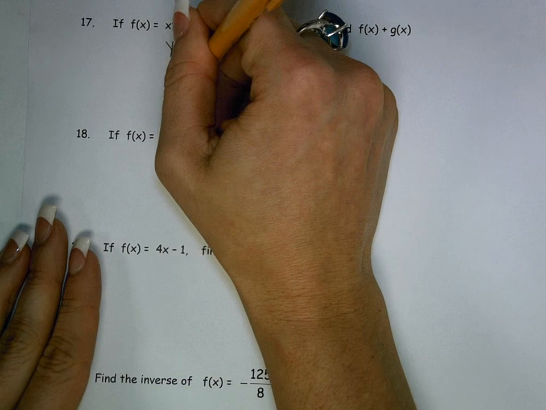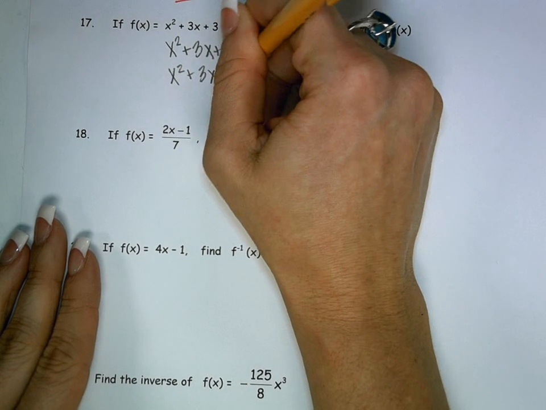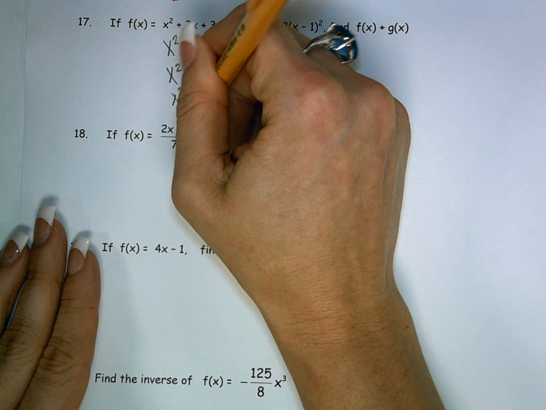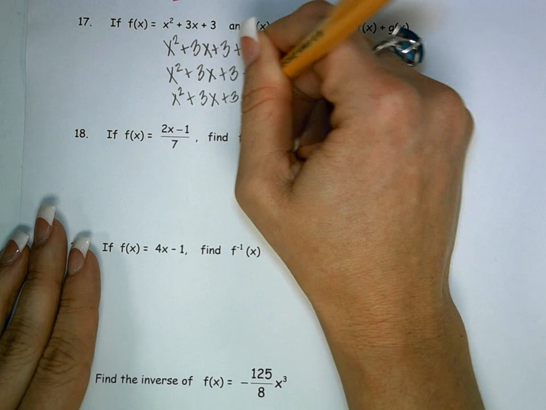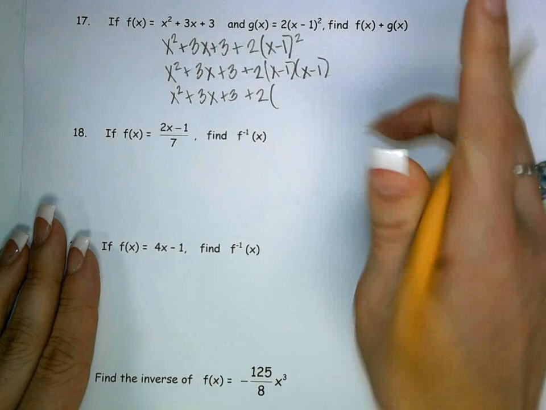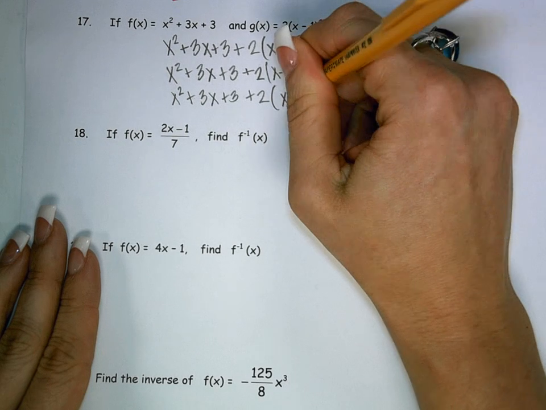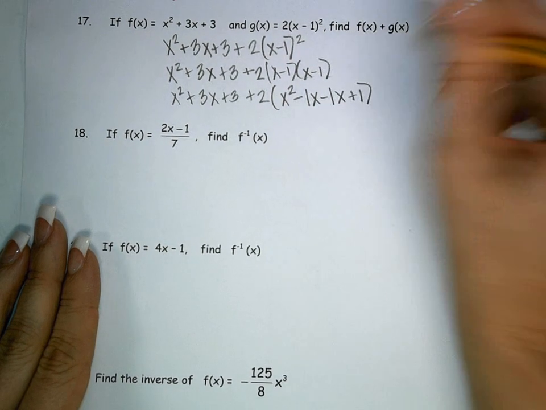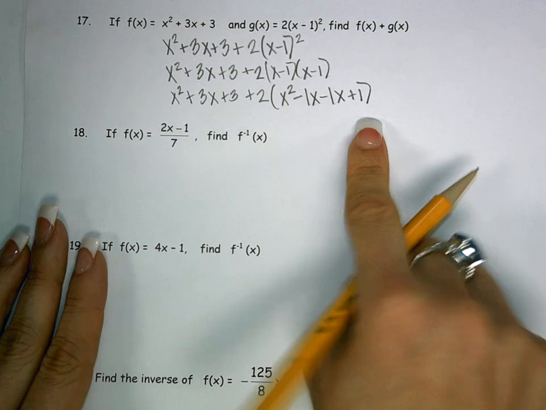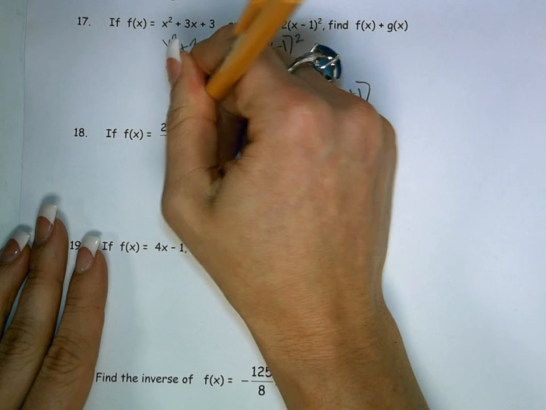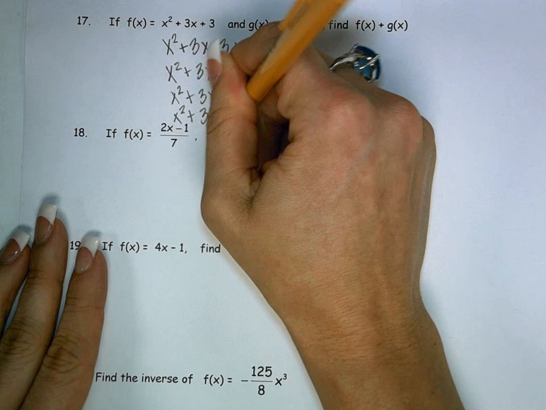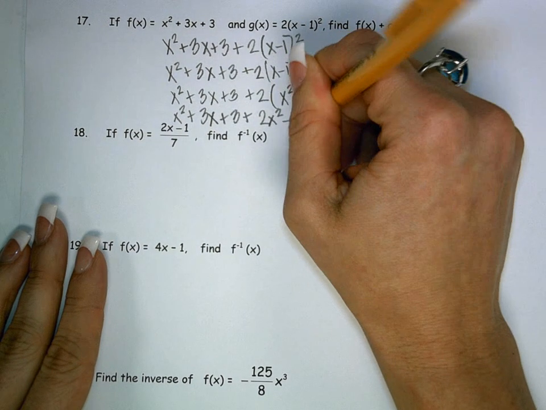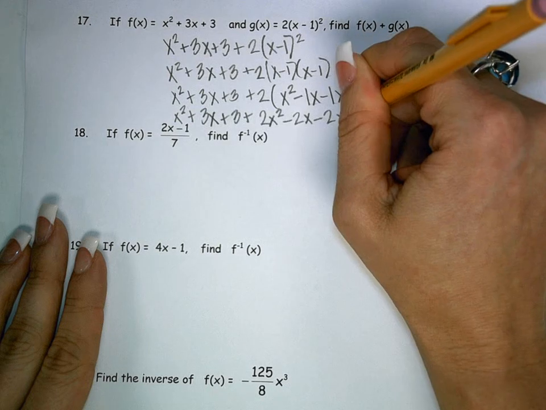So we still have x squared plus 3x plus 3 plus all of that. So if you bring these down, x squared plus 3x plus 3 plus 2 times, FOIL this together, that's x squared minus 1x minus 1x plus 1. Then distribute x squared plus 3x plus 3 plus 2x squared minus 2x minus 2x plus 2.